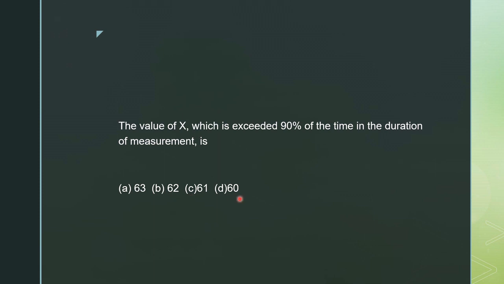So first of all, like the previous slide, we have to draw the descending order array first. Next, we have to draw the percentage of the interval. Then we can easily solve this question. Okay. So how we solve? See you in the next slide.